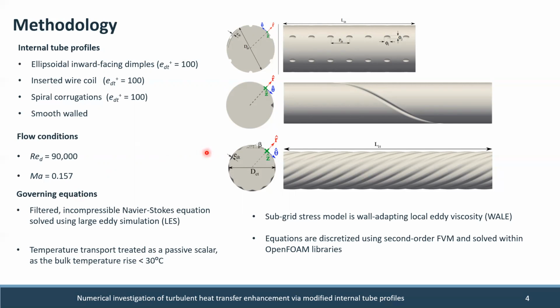The governing equations that we have are the filtered incompressible Navier-Stokes equations, which are solved using large eddy simulations. The temperature transport is treated as a passive scalar because the increase in bulk temperature from the inlet to the outlet of all these cases is lower than 30 degrees Celsius.